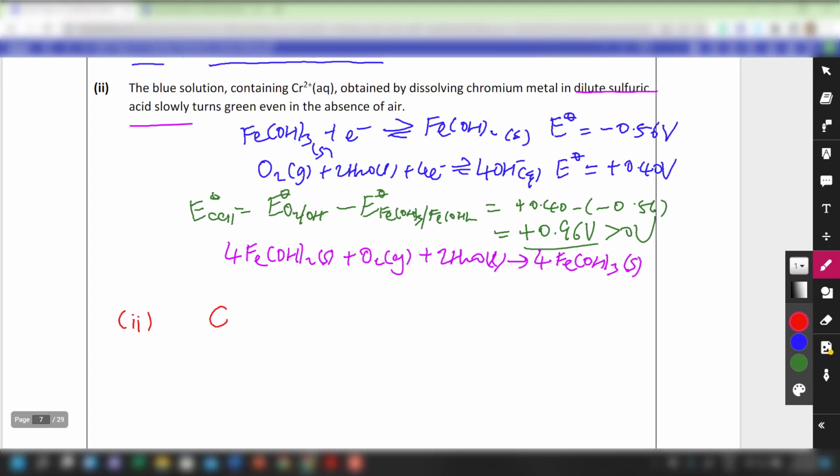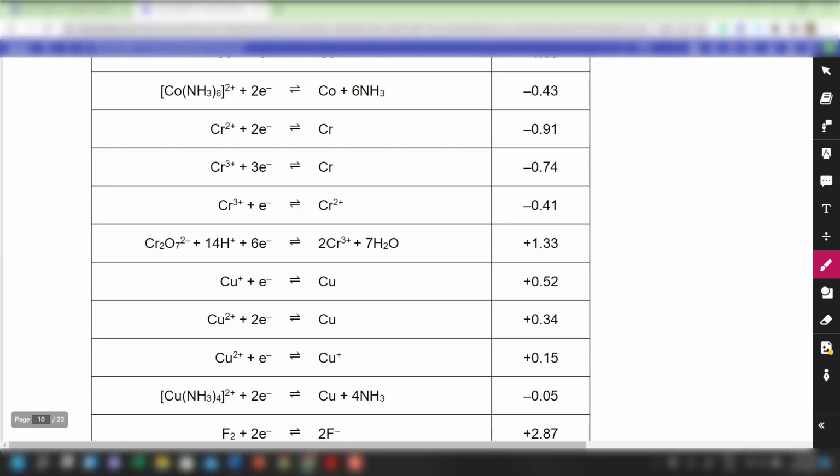We choose Cr3+ aqueous plus electrons to get Cr2+, and this is minus 0.41 volts. We can also look at chromium(II) to chromium metal, although I don't think we need to, because we are looking at the oxidation of chromium(II) to chromium(III).